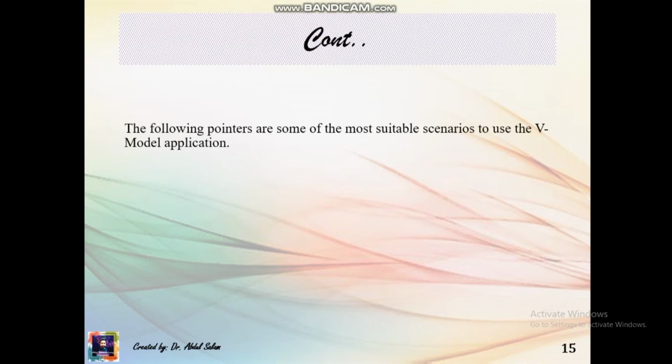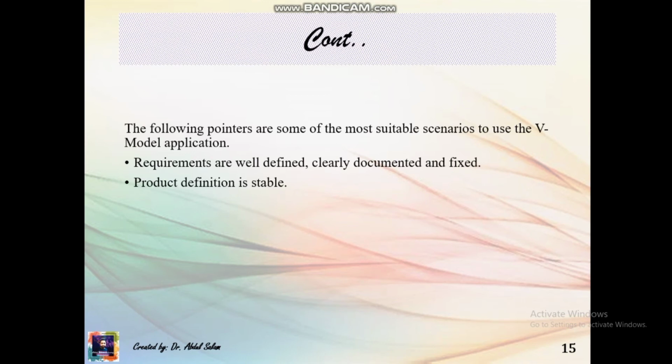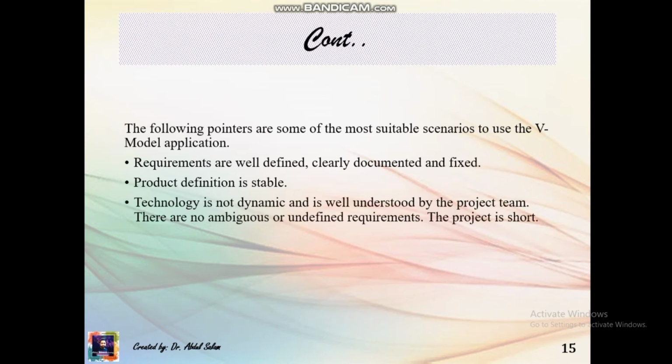The following pointers are some of the most suitable scenarios to use the V model: requirements are well defined, clearly documented and fixed. Product definition is stable. Technology is not dynamic and is well understood by the project team. There are no ambiguous or undefined requirements. The project is short.